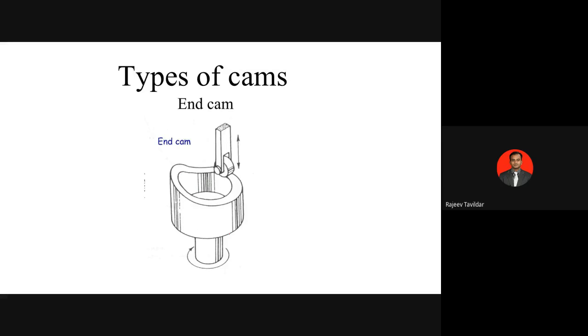So as the cylinder rotates, the follower will again keep on reciprocating onto this particular shape profile. So this type of cam again is called the end cam. This is again a modification of the wedge cam. Wedge is a flat one, end cam is a non-flat one. It can be circular or of any other shape also. It need not be a perfect cylinder.